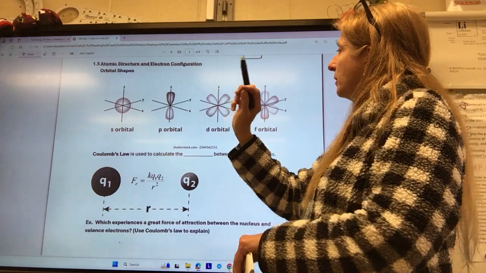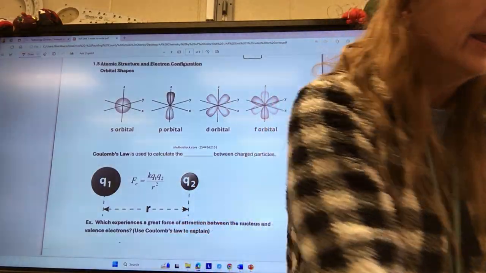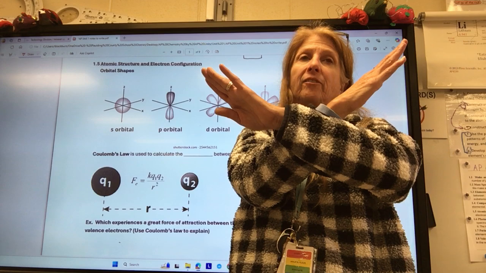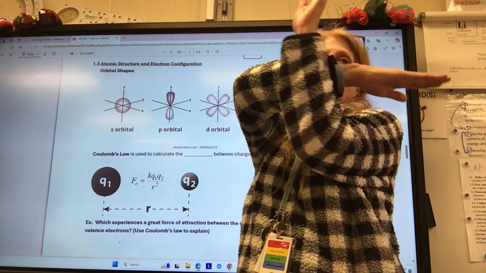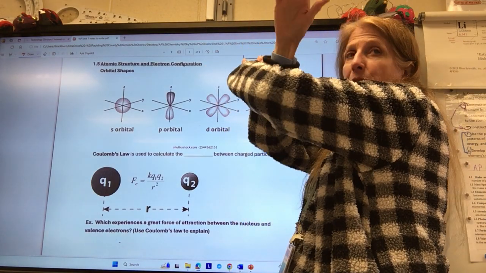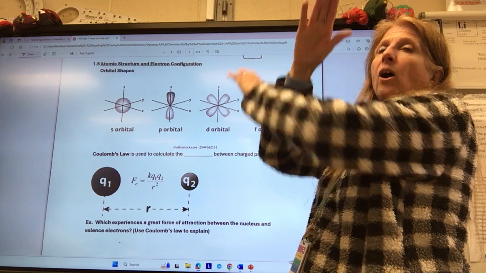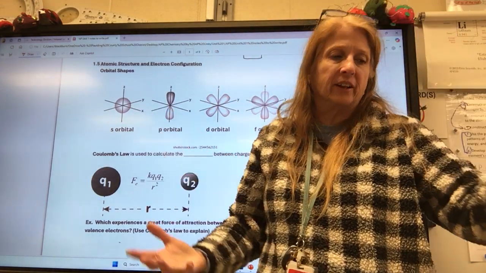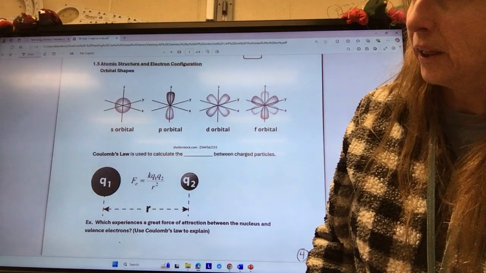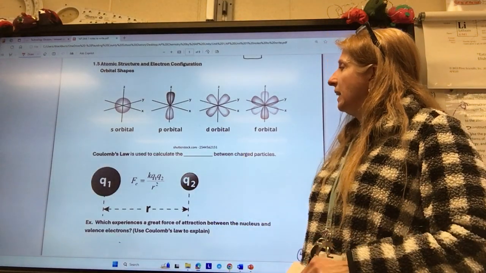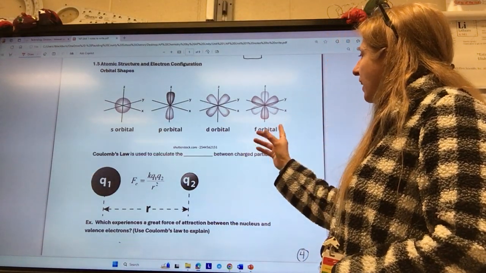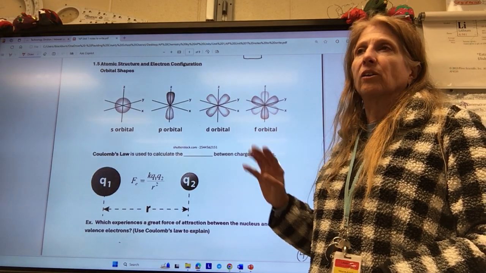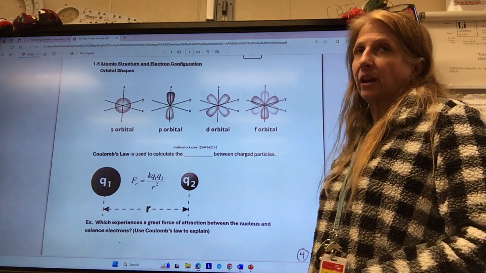The d orbital looks like a fat plus, and it could be on the x and the y, or it could be between the x and the y, or it could be on the y and z, or it could be between the y and z, or there's one that looks like two baby pacifiers stuck together that doesn't even look like a plus. So there are 5 d orbital orientations, and then for f there's a whole bunch because there's so many of them. Okay, so there are 7 different orbitals there.